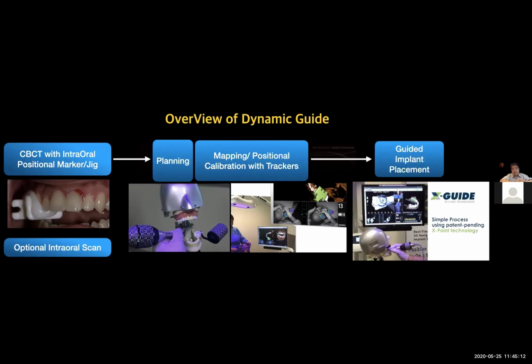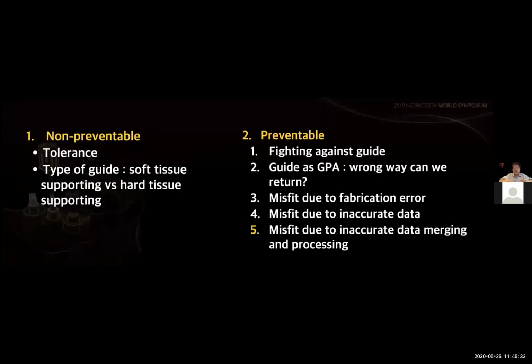Dynamic guide means that you can see your handpiece position in real time, but it's going to give you only guidance. In other words, those dynamic guides work as a GPS.